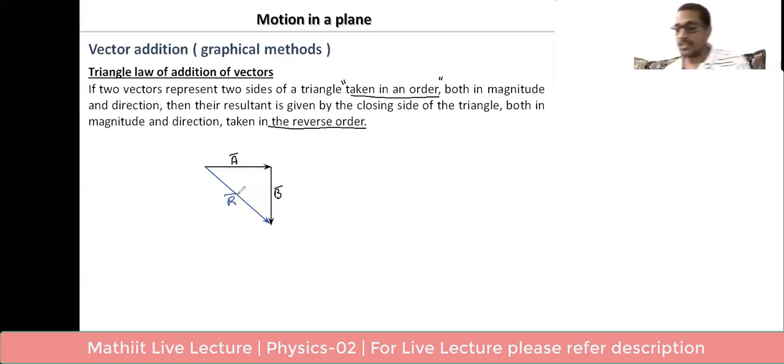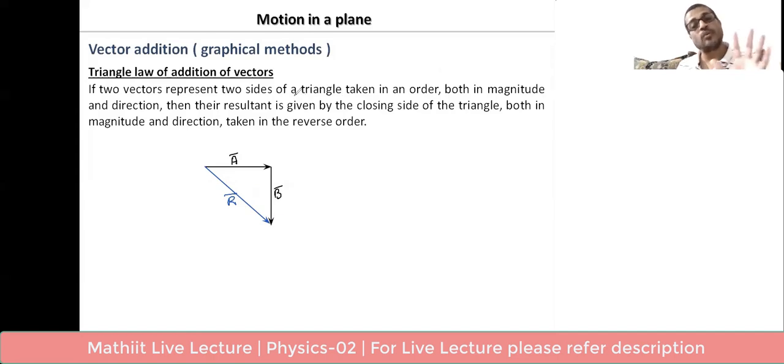Now let me read out the statement part by part, and I'll justify why such a lengthy statement was required. If two vectors represent two sides of a triangle, up to this point, A and B should look like two sides of a triangle. So the first part of the statement is necessary, right? And how should they represent the two sides of the triangle?